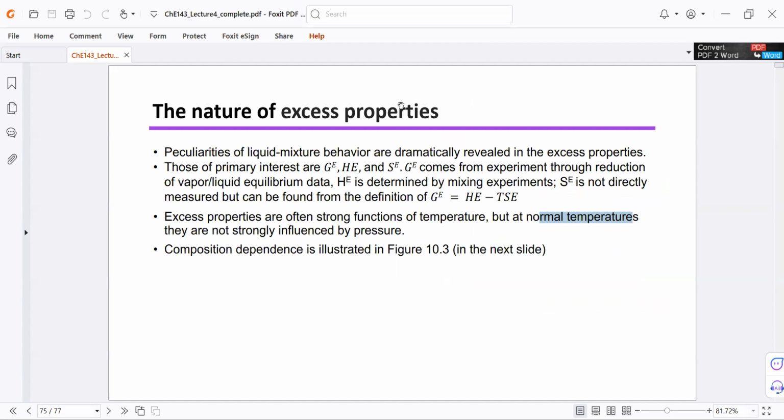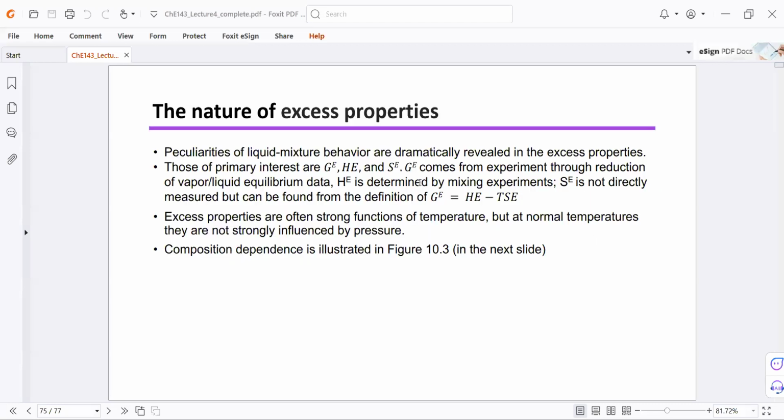So they are a weak function of pressure at normal temperature. What we usually use as normal temperature is 20 degrees Celsius, but please check the definition of normal temperature.